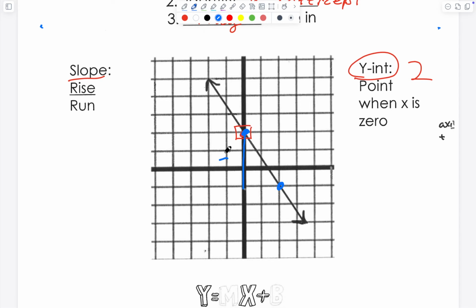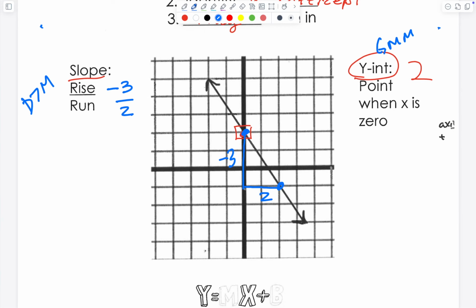Now if it's down, it's negative 3. So I rise negative 3, and I run 2. So that's my slope. So I'm just counting that and finding the slope from a graph, that was D7M. So if you're still struggling with that and haven't done D7M, that would be something you should do. This y-intercept, we had a whole Get More Math assignment on that. So Get More Math y-intercepts.